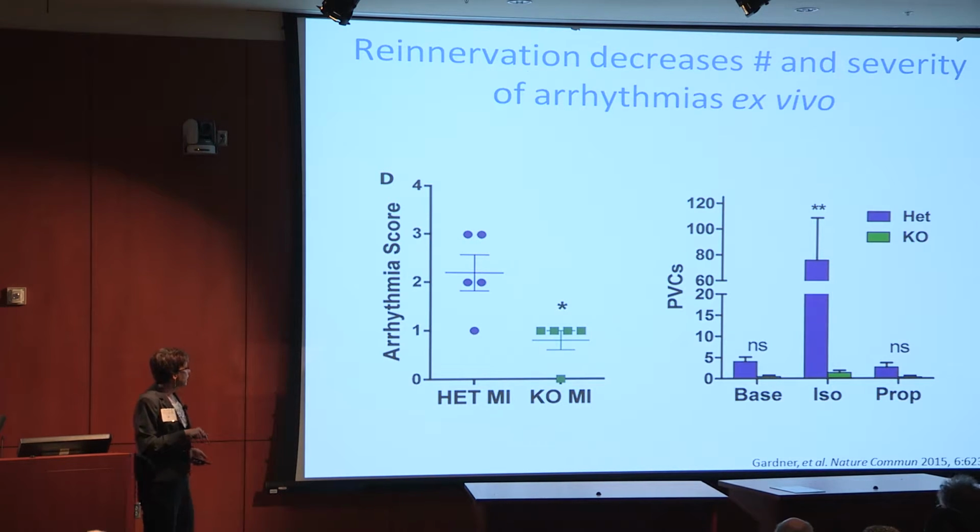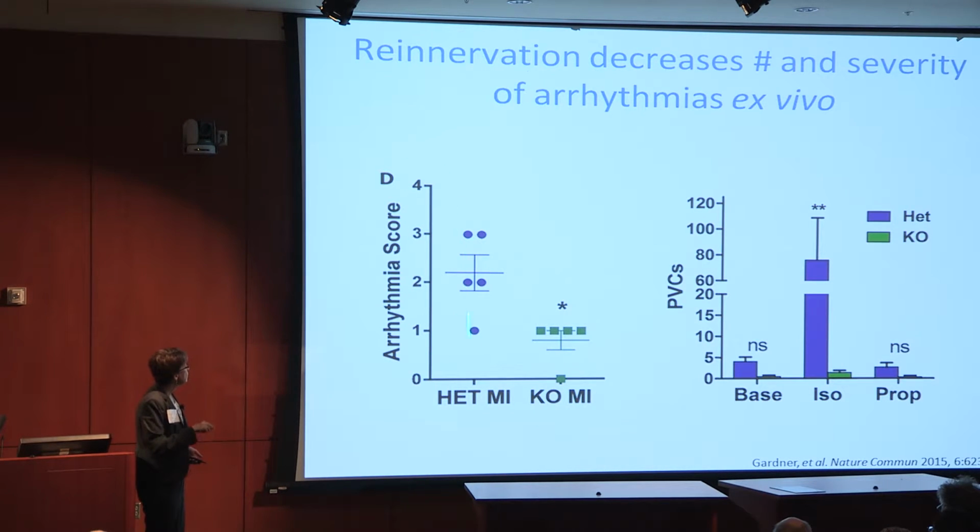So in the knockout hearts with reinnervation, basically the only thing we ever saw was a one-off PVC, which we gave individual PVCs, got a score of 1 here, and then 2 here is bigeminy or salvos of PVCs, and then 3 ventricular tachycardia. Now 4 would be ventricular fibrillation, which we never saw in the mouse hearts.